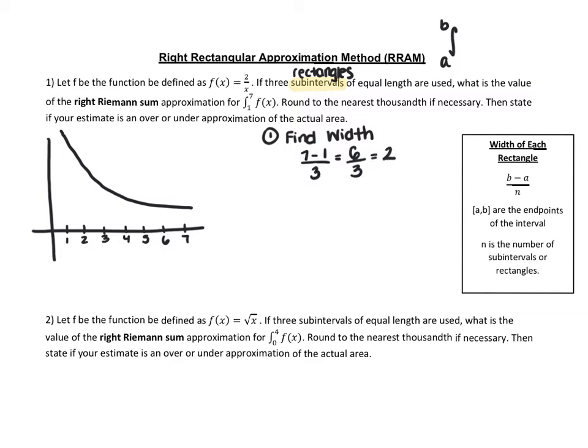Once we have the width, then we can go and draw our rectangles. So since I'm asking for a right Riemann sum, I start all the way to the right of the interval. So I'm going to start at the right, go up to the curve, and draw my rectangle with a width of 2 spaces. Then my next rectangle, I start at 5, go up to the curve, and go over 2 spaces.